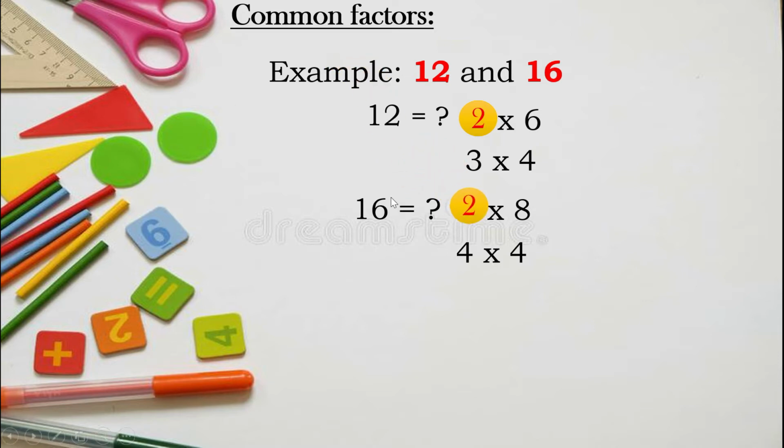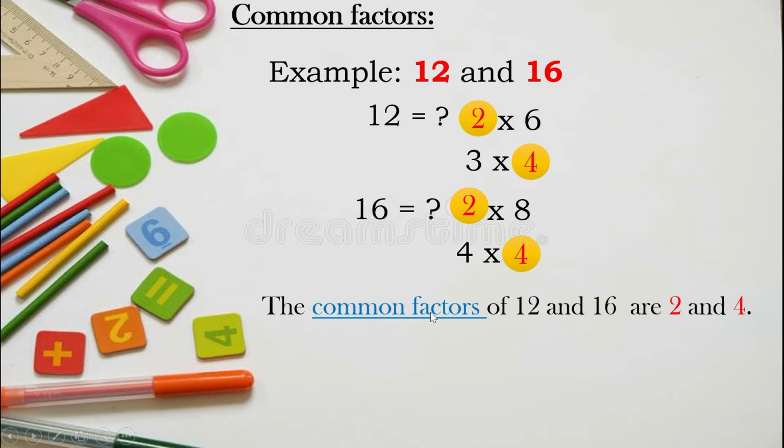So that is common factor. 2 is common factor of 12 and 16. Meron pa po ba? Yes, of course. May 4 si 12 and also may 4 si 16. So 4 is also a common factor of 12 and 16. So the common factors of 12 and 16 are 2 and 4.